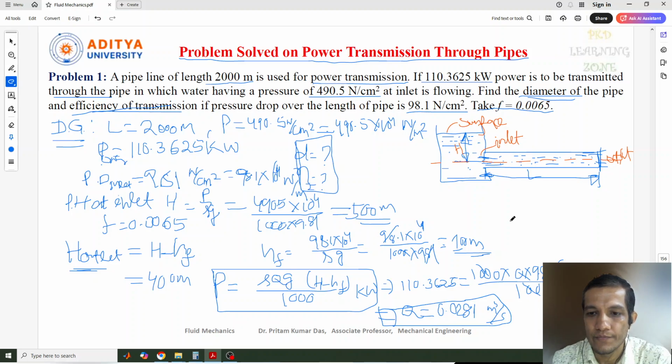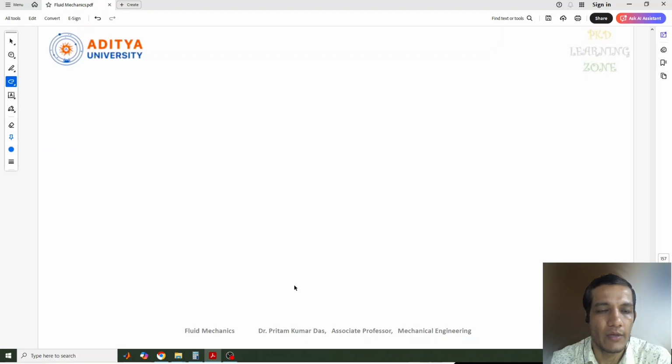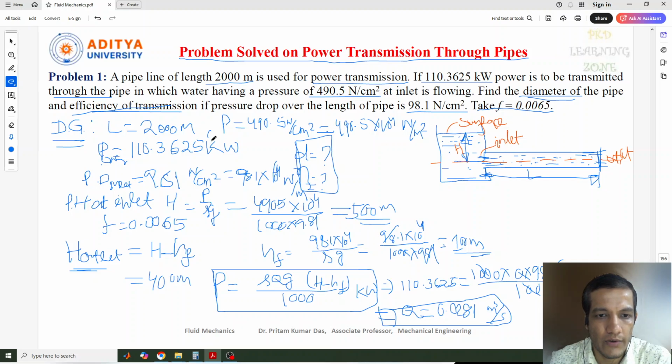Now why have we calculated the discharge? Because we need to find out the diameter of the pipe. The discharge is directly related to the diameter of the pipe, because as per the discharge equation Q equal to AV, where A equal to pi by 4 D square, into V. Now the V value is not given in the question.